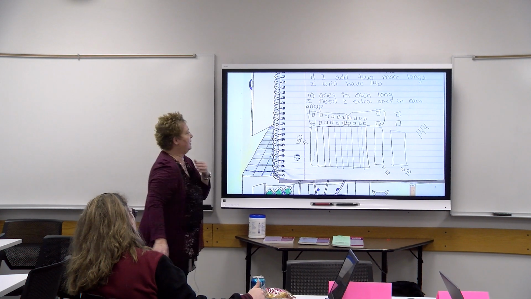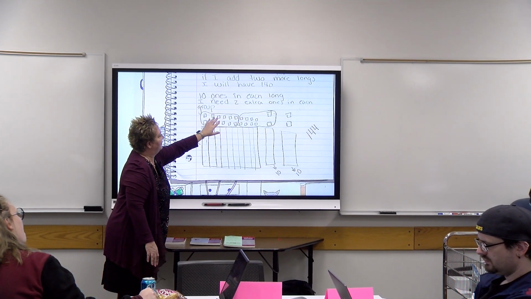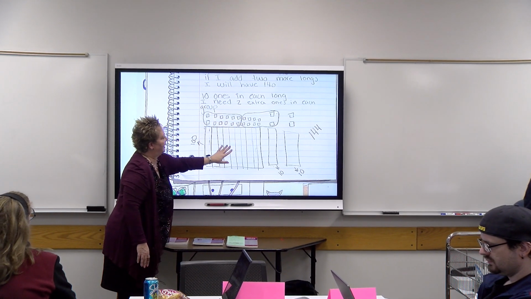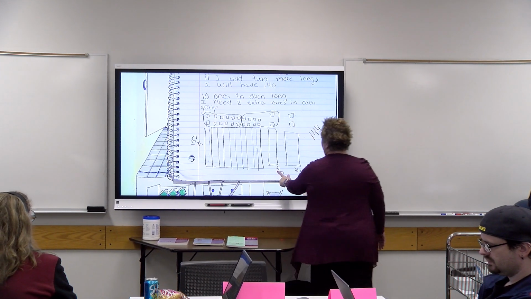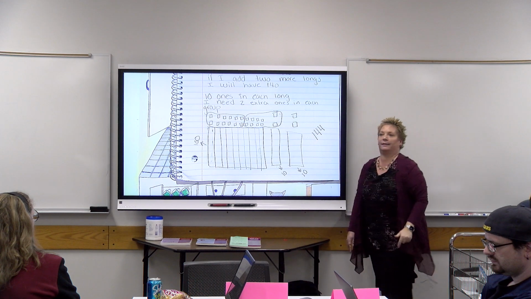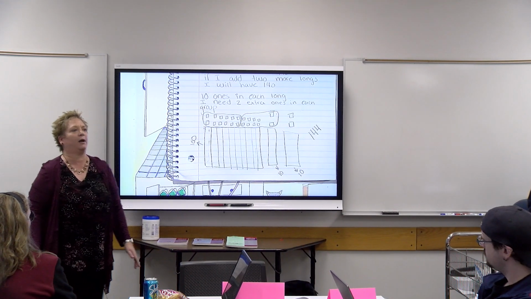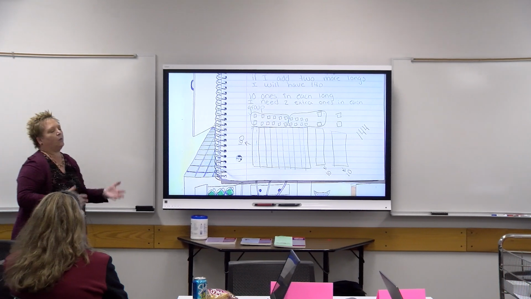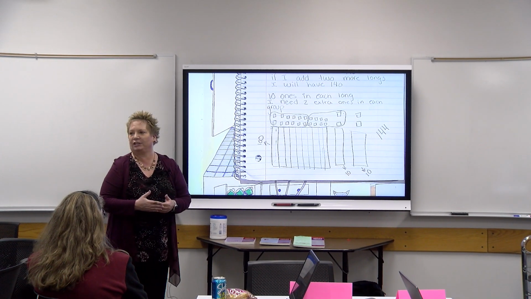Because let's say she knows this is 100, and she said this is a group of 10, this group of 10. So I got 100 plus 10, 20, 30, 40. Can anybody construct a viable argument to tell me what would be the problem with this representation? What does she need to change?